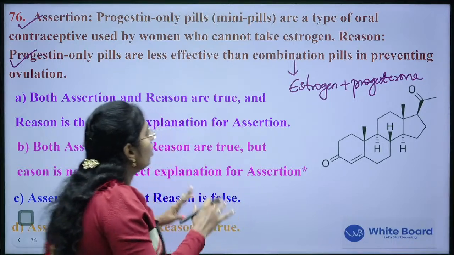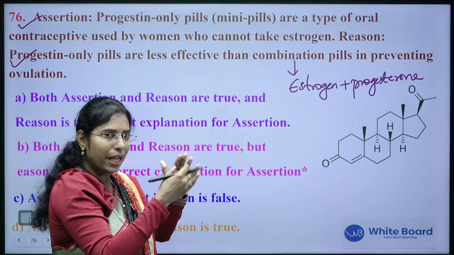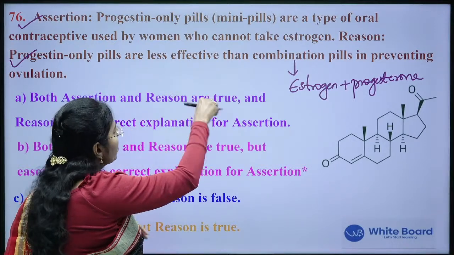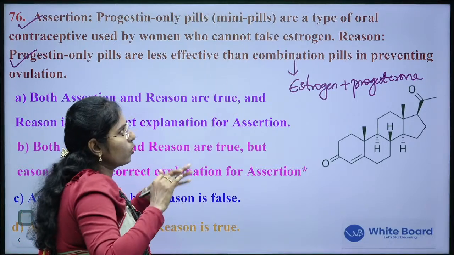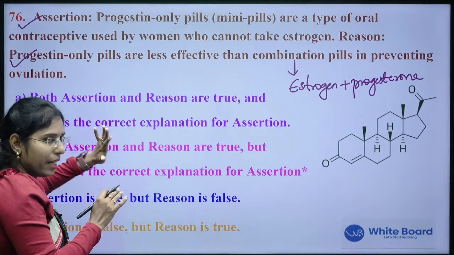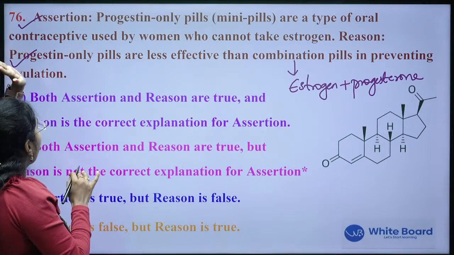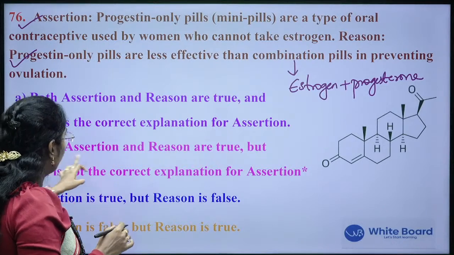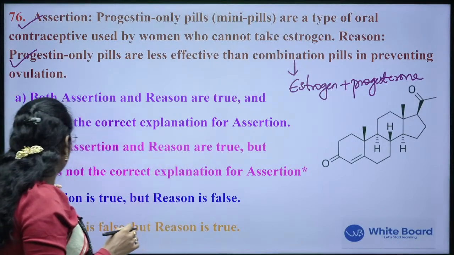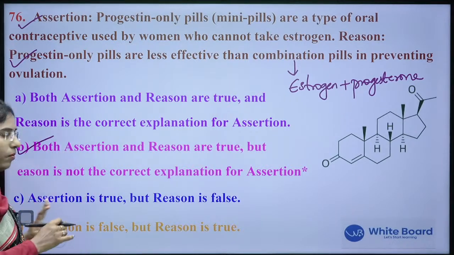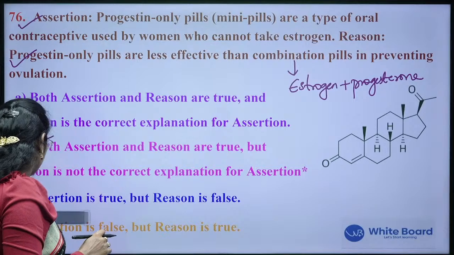If you take the combination, we won't have any side effects in future. But those patients who are not able to take estrogens will be taking only mini pills. So, both the statements are correct, but this is not the exact reason for that assertion. Here both assertion and reason are true, but the reason is not the correct explanation for assertion. This is the correct answer.